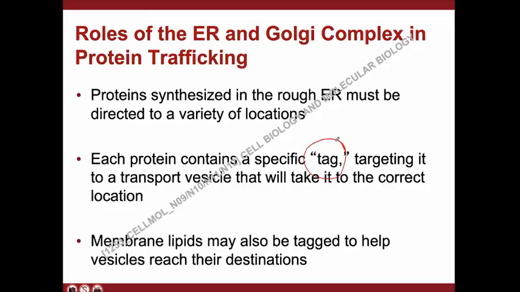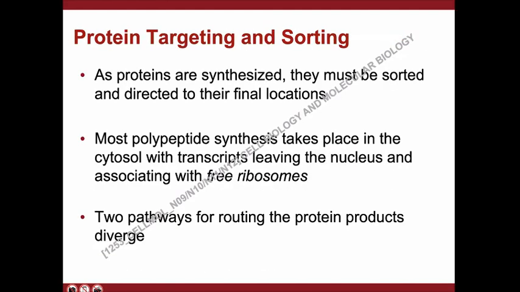It can be an amino acid sequence, an oligosaccharide side chain, a hydrophobic domain, etc. In addition, membrane lipids can also be tagged to help vesicles reach their destinations. So all of them should have an associated marker tagging for the proper sorting and direction later on.